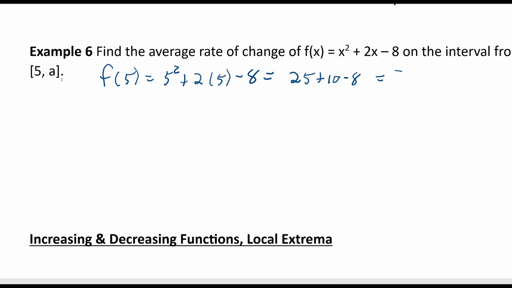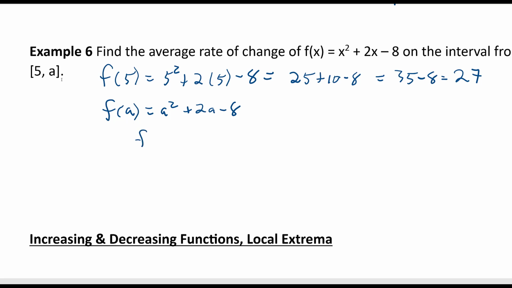So that's 35 minus 8. That's going to be 27. And then f of a is a squared plus 2 times a minus 8. And that's it, can't simplify it any further.